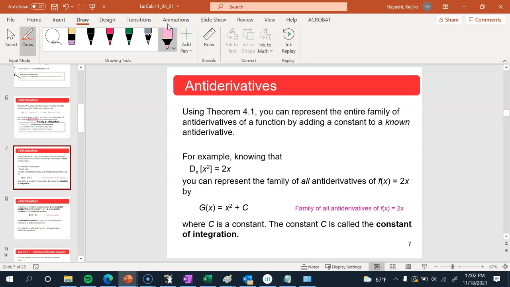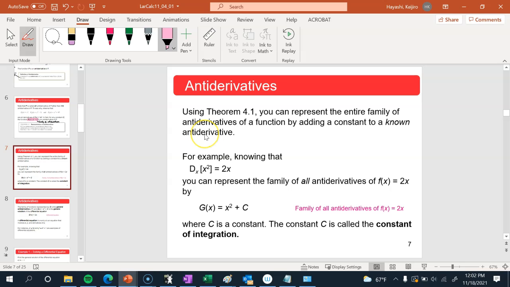So what you're going to be doing basically is using your knowledge of derivatives to reverse the process of differentiation, right? And once you come up with an answer, you're going to put a plus c at the end just to represent that whole family.